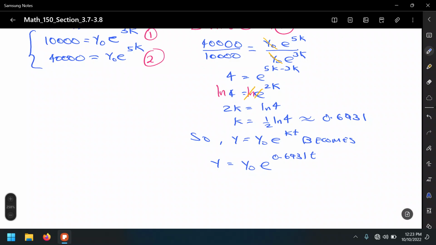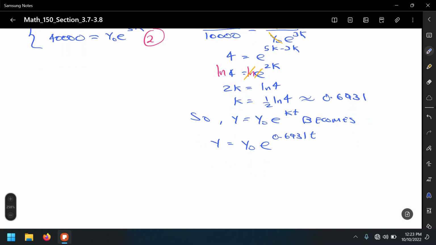Well, that's kind of a cryptic sentence, right? So we need to figure out what's the time initially. So what's the time initially? 0. So that means we're going to plug in 0.